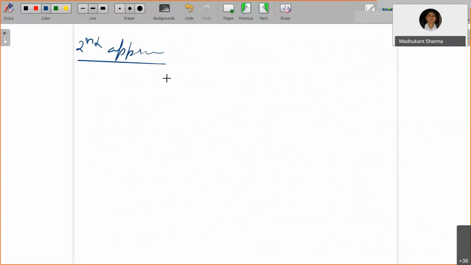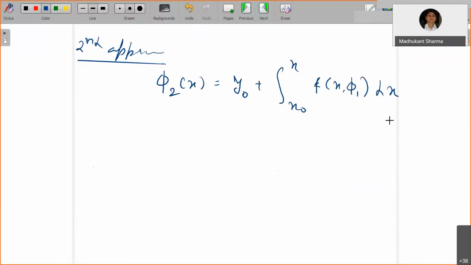Second approximation is p2 of x equals, so you have to fill all those gaps in the notes, y naught plus integration x naught to x f of x comma p1 dx. So that's equals to 1 plus integration 0 to x, and f of x comma p1 will give you p1 of x dx.